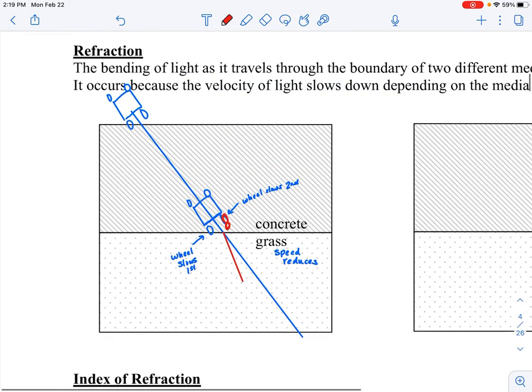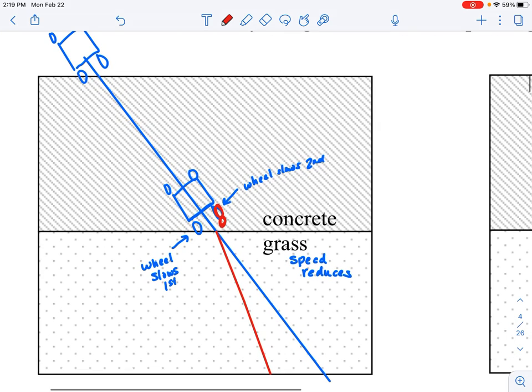Now, the way that we would say that in terms of physics is we would say that the direction of the cart moves toward the normal. So what I just drew here was the normal to the boundary.